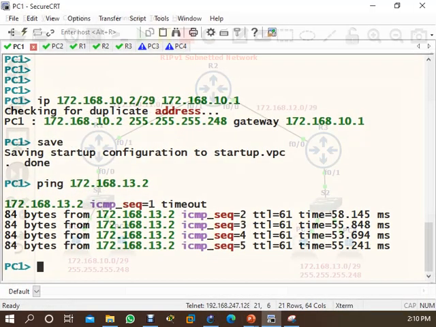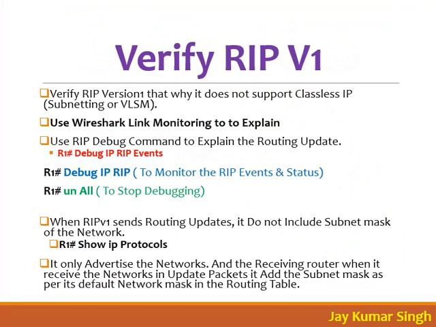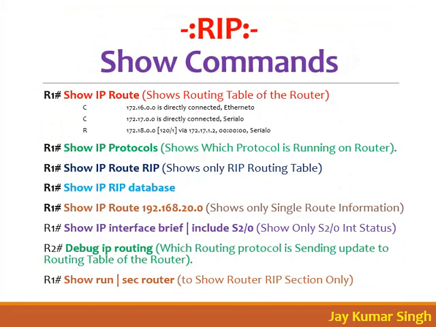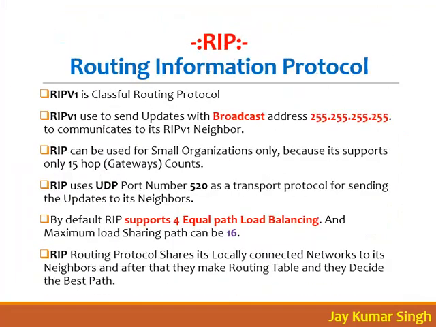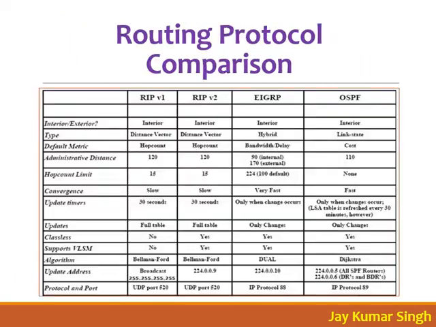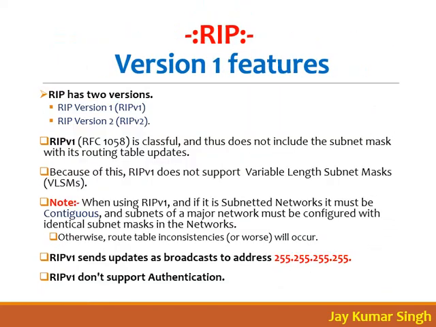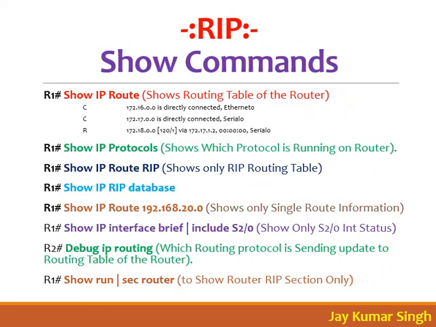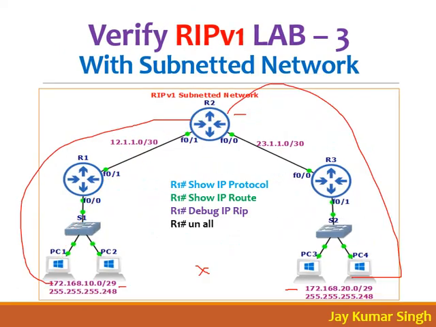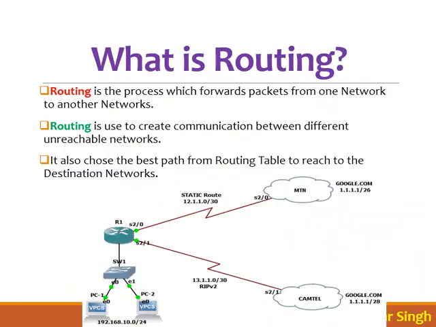So why are they doing like this? That's why I have written here, contiguous network. Somewhere I have written contiguous.